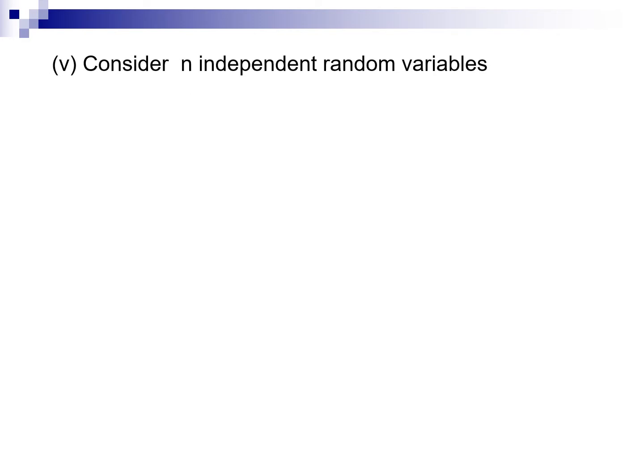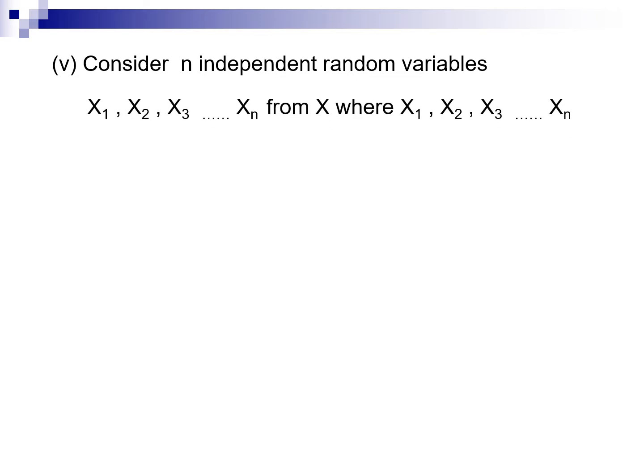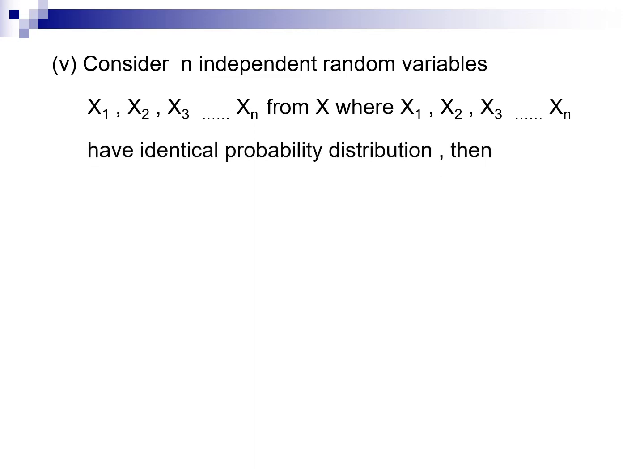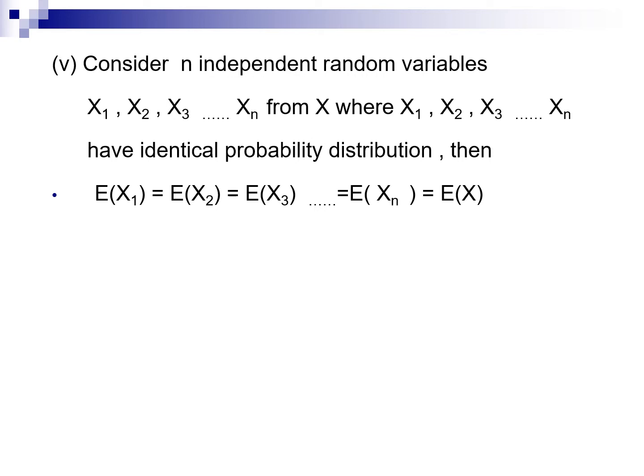Law number 5: if we have n independent random variables, x1, x2 until xn, taken from a variable x, so x1, x2, and xn have identical probability distribution, then we can state that the expected value of x1 is the same as the expected value of x2, the same as the expected value of x3, and the same until the expected value of xn.